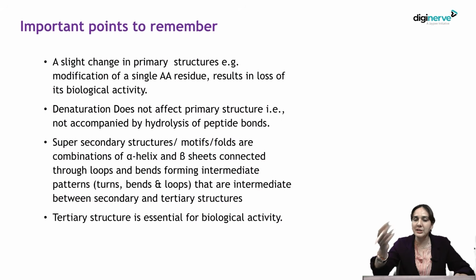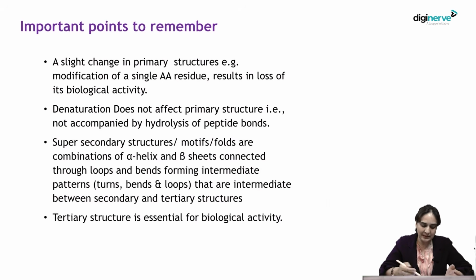Tertiary structure is the folding of the secondary structure into a ball-like structure with the help of many bonds. And quaternary structure is when a number of tertiary subunits come together to make a functional protein. A slight change in primary structure will lead to modification of an amino acid and can lead to disorder. The sequence of amino acids is very important because it dictates the protein folding and the type of protein to be formed.